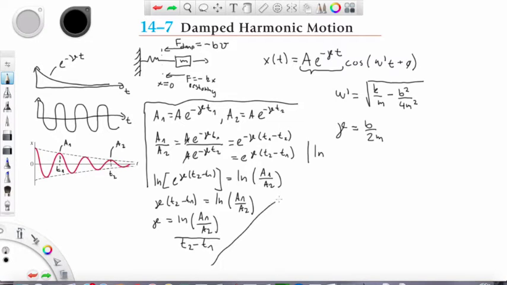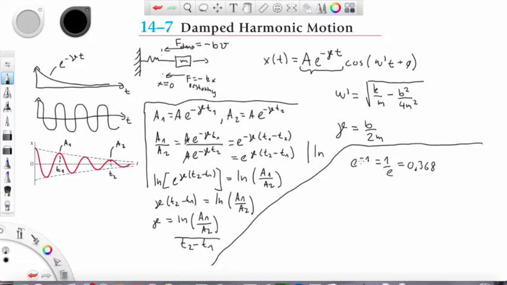A common benchmark for the rate of decay of a signal is to measure how quickly the signal reduces to e to the minus 1, which is 1 over e, of the initial value. For example, in our case, how quickly the amplitude reduces to the factor 1 over e, which is about 37% of the original value.